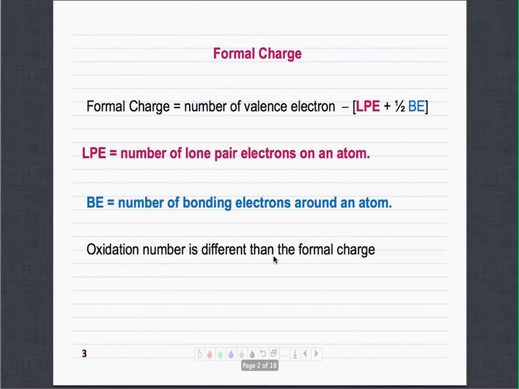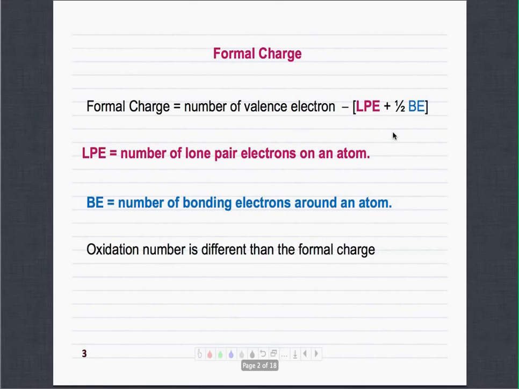I just want to point out that the brackets are for both, and the minus is outside the bracket, so that's going to be minus for the whole bracket in there: the lone pair electrons plus half the bonding electrons, which are the number of bonding electrons around an atom. Now, the formal charge is most of the time confused with the oxidation number.